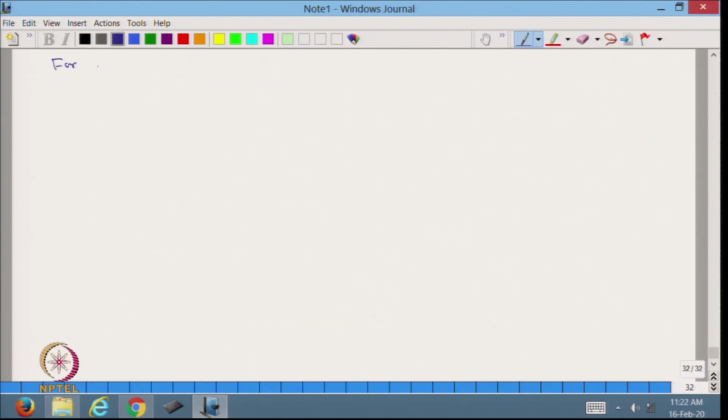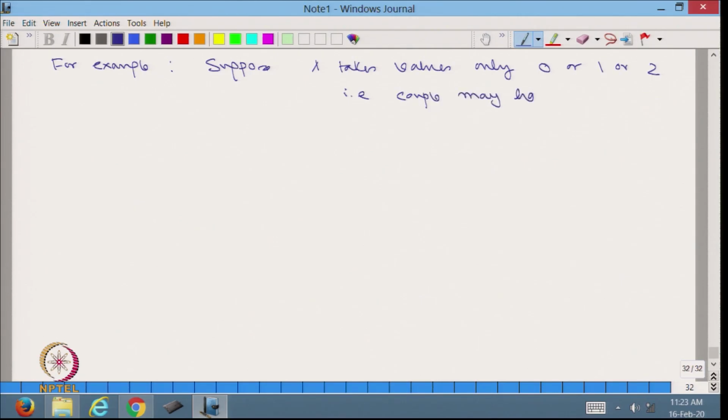For example, suppose x takes values only 0 or 1 or 2, that is, a couple may have at most 2 sons.